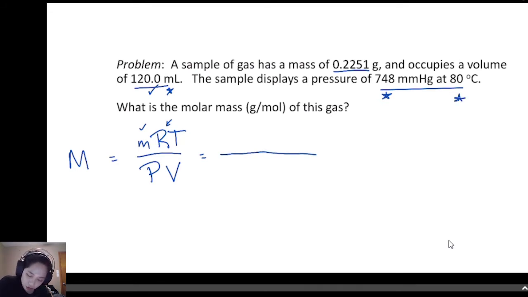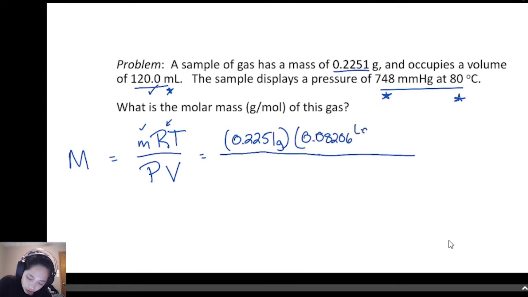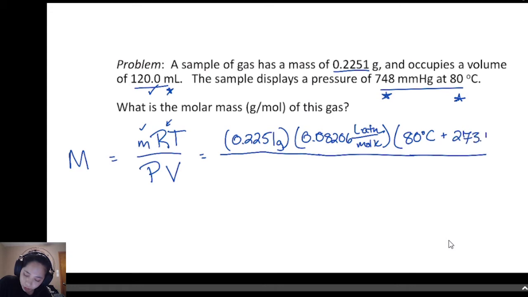So I'm just going to do this all in one step. So mass, 0.2251 grams times R, 0.08206 liter atm per mole Kelvin. Temperature is 80 degrees Celsius, but we need that to be in Kelvin, so 80 plus 273.15 Kelvin.